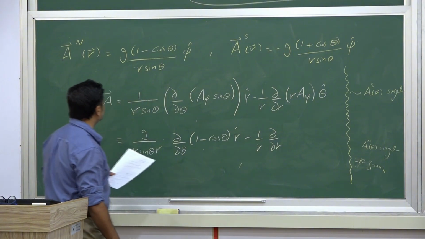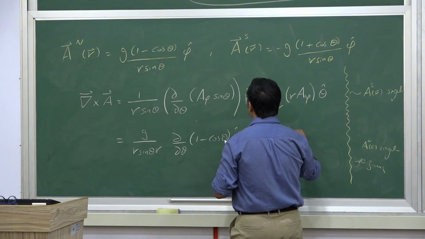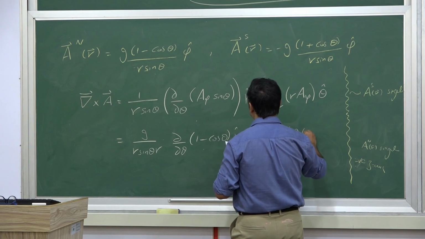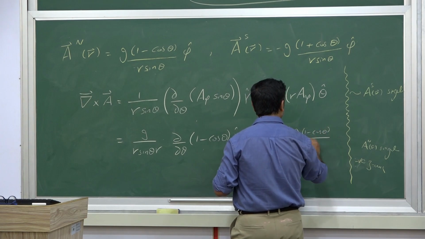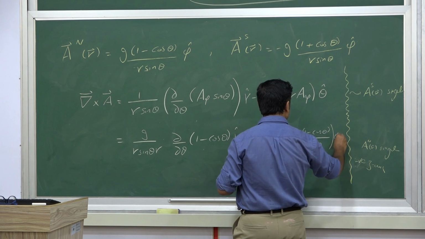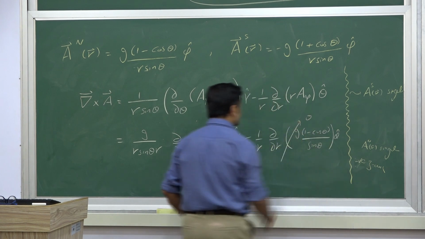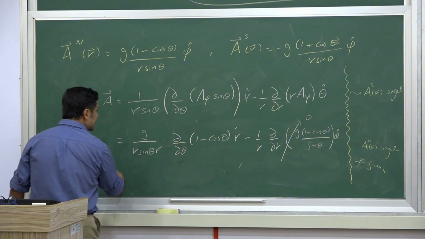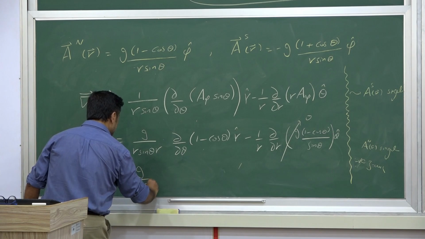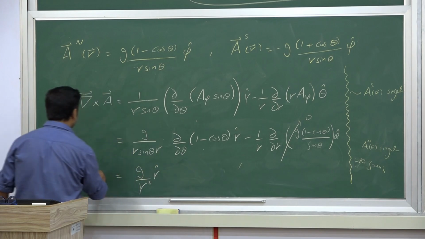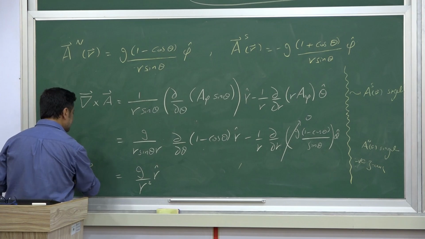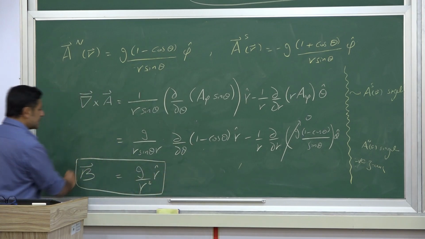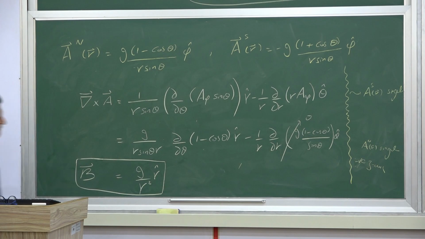So the r's cancel, and well, actually this is also going to 0 because there is no r. So this derivative gives me a sin theta which cancels with this. So I get this field. This is the B field. And this is exactly what I wanted.